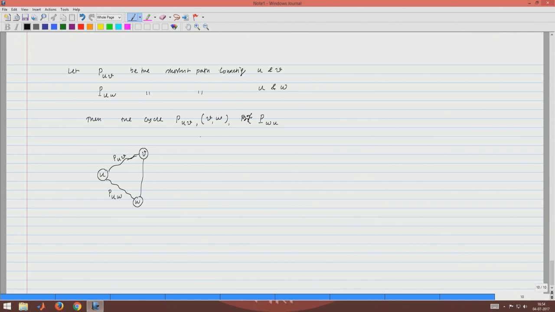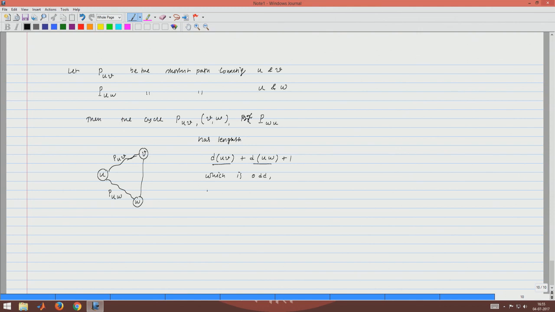This cycle has length d(u,V) plus d(u,W) plus 1, and since these two are even, this is odd.